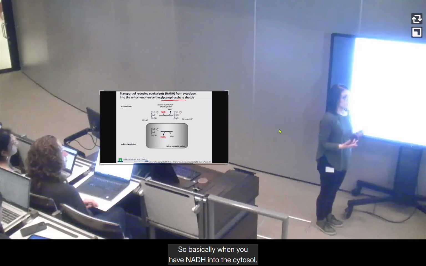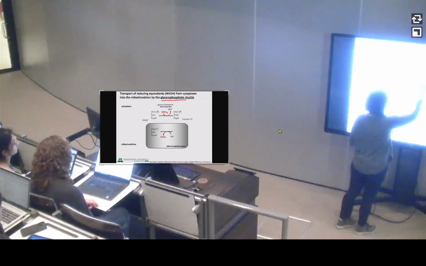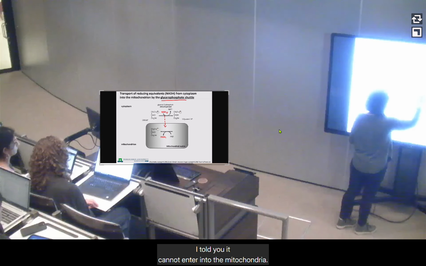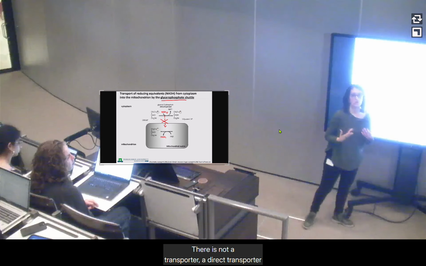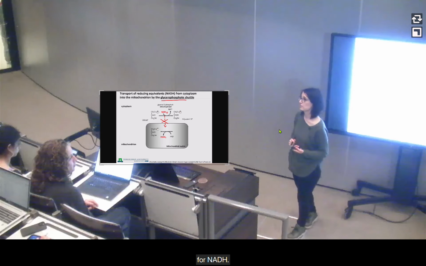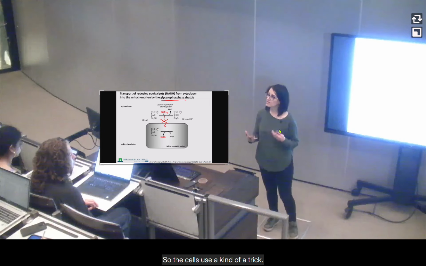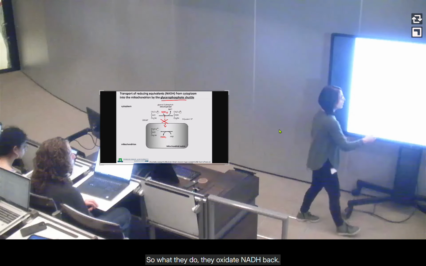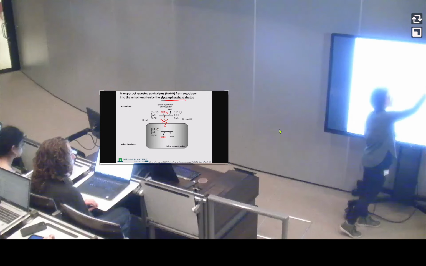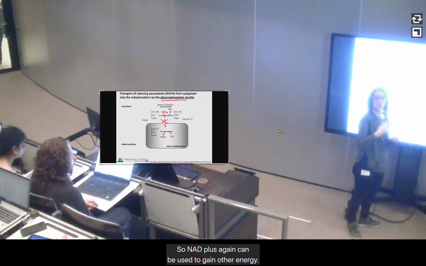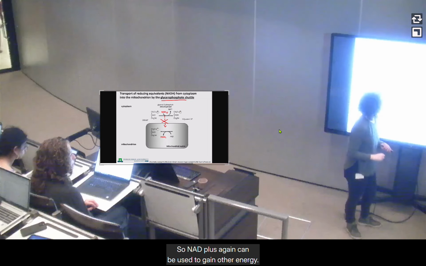Basically, when you have NADH in the cytosol, it cannot enter into the mitochondria. There is not a direct transporter for NADH. So the cells use a kind of trick. They oxidize NADH back, so NAD plus again can be used to gain other energy.